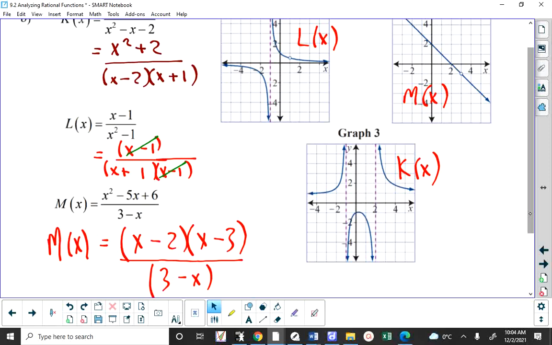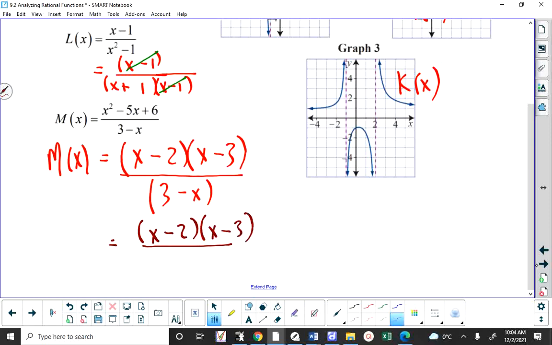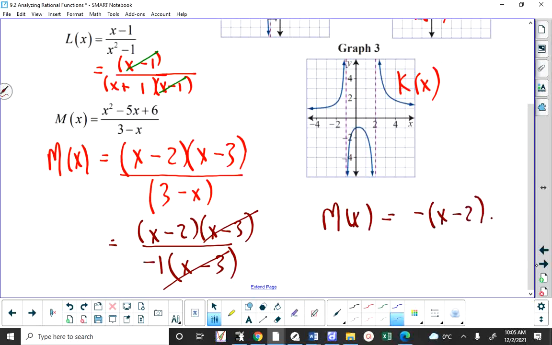But the reason that works is because you can, in this example, factor a -1 out of the 3 minus x on the bottom. The 3 becomes negative, the negative x becomes positive. Now we're off and running. So what m of x actually simplifies to is negative x minus 2, as long as x is not equal to 3.